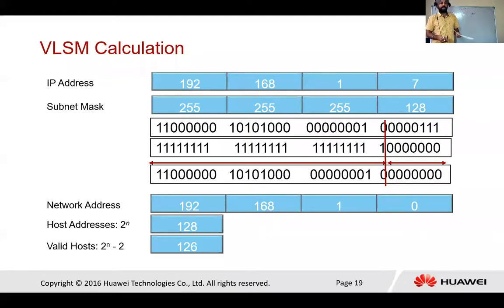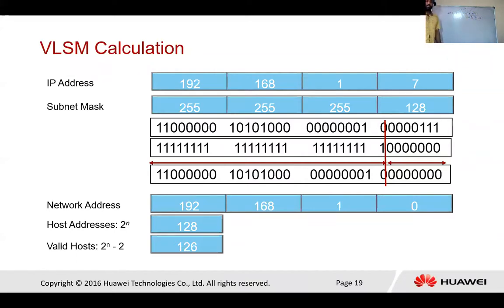We change it because we are using VLSM calculation. 128 means we are talking about 7 bits, because a single octet has a maximum value of 255. We assign 7 bits to the host part of this octet, and the 8th bit moves to the network ID.